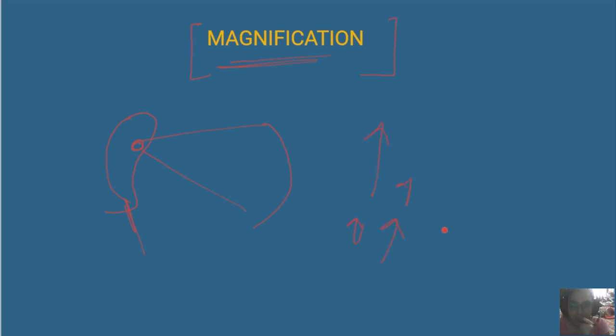So if we compare the object and the image size, for example, if the size of the object is greater than the size of the image, then magnification's formula is always how much the image is larger or smaller than the object.